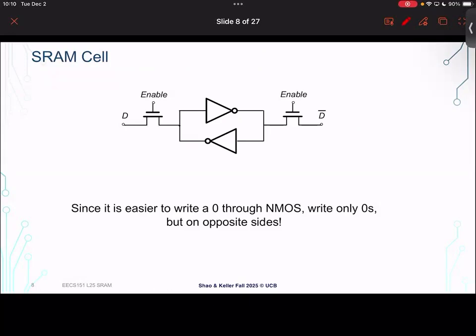If you want to write D to be 0, then this left-hand node is going to be pulling down, and the right-hand node is not going to be doing much. If you want to write D to be 1, well, then D bar is going to be 0. And this NMOS is going to be doing the hard work on the right, and the left-hand NMOS is not going to be doing much.